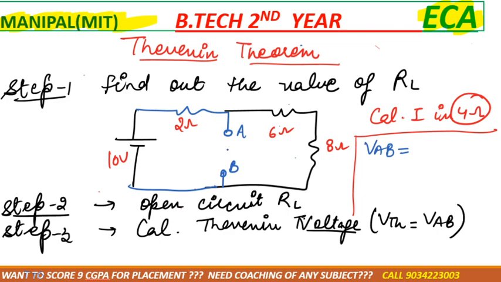I always tell my students that you are standing at A and you need to move towards B. You are moving from A to C, C to D, D to B, or you can move from the left-hand side or from the right-hand side, right?